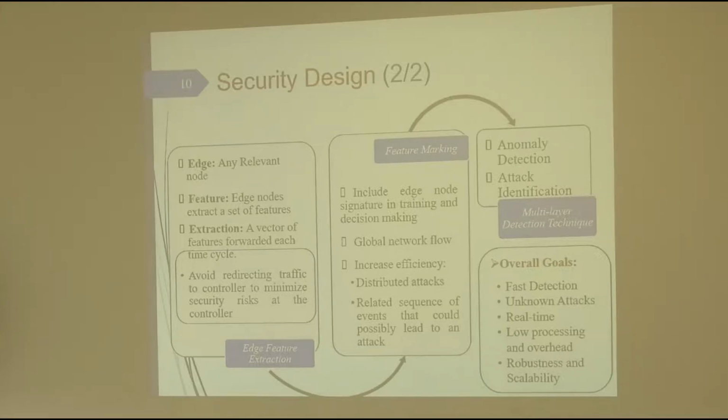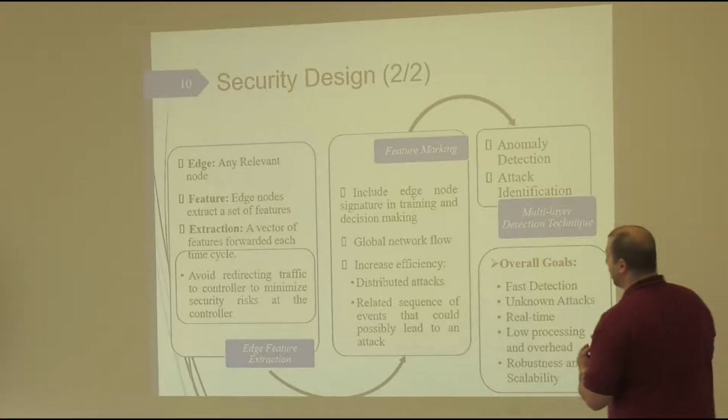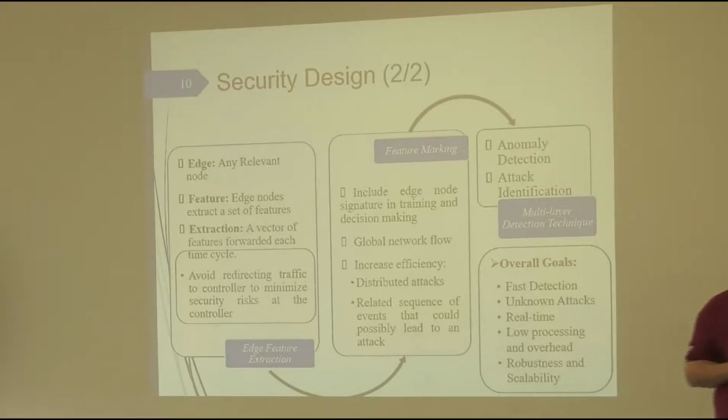So the edge node will include a signature inside the vector, so that we are able to include this signature in the training and testing process, so that we can study the global network flow in order to more efficiently detect distributed types of attacks and also related sequences of events that may lead to an attack.